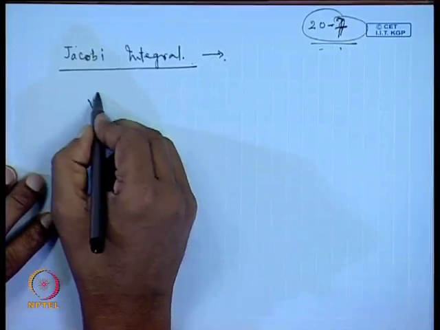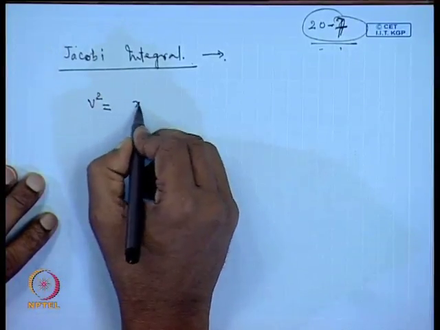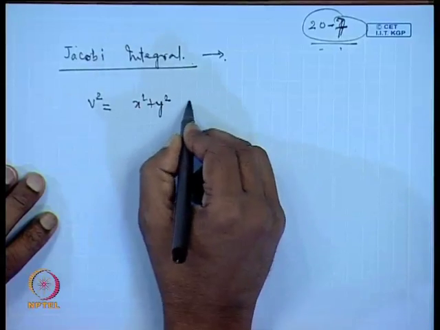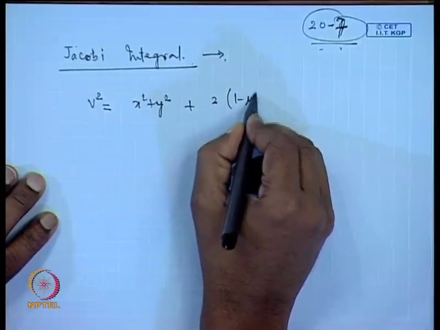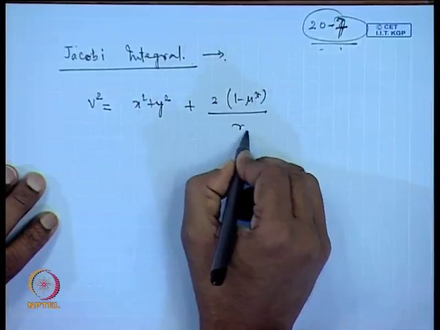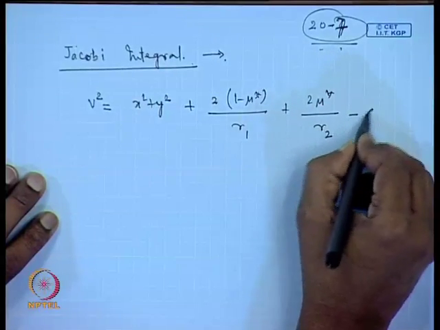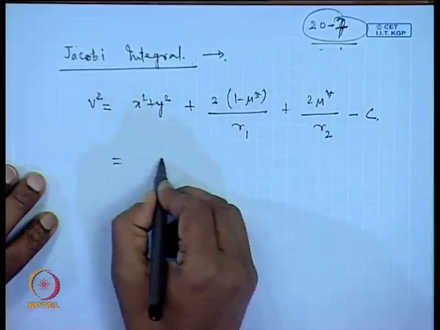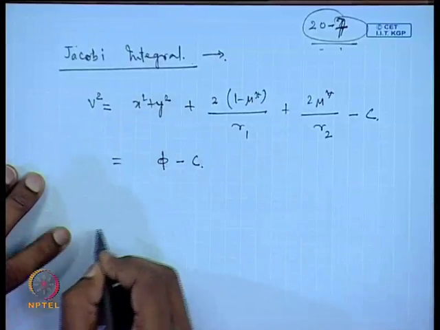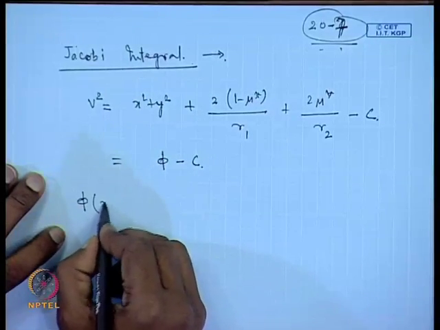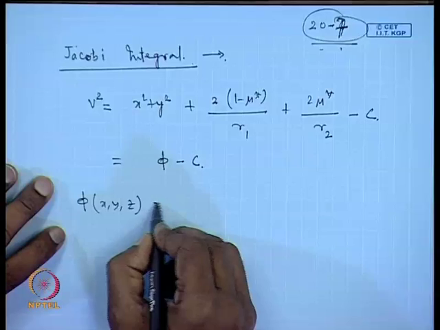So, this integral was written as v square equal to x square plus y square plus 2 times 1 minus mu star by r 1 plus 2 mu star divided by r 2 minus c, and we wrote it in this way, where phi is a function of x, y, z.